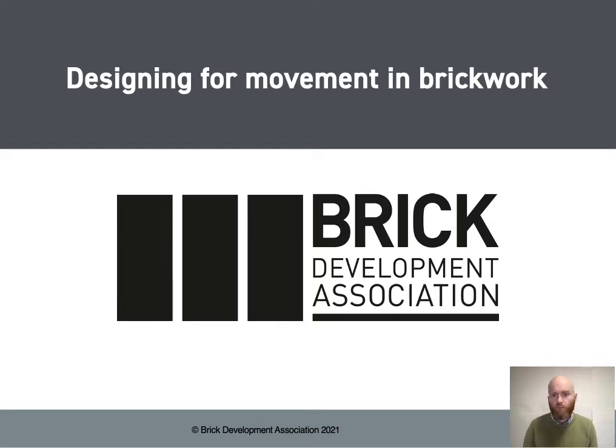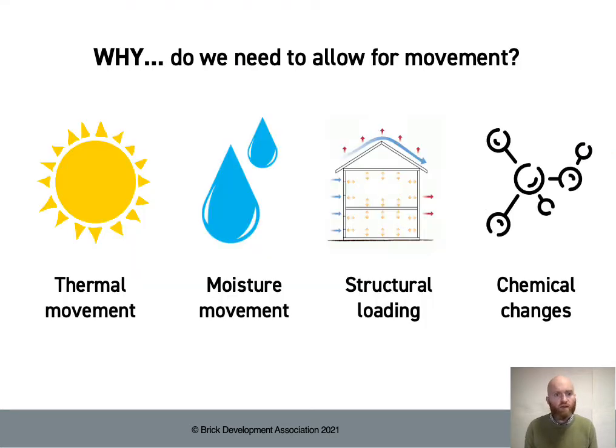So let's start by having a look at why we get movement in brickwork. Well, we get movement for four main reasons: thermal movement, moisture movement, structural loading, and chemical changes. It's the first two of those, thermal movement and moisture movement, that are particularly influential on masonry movement.